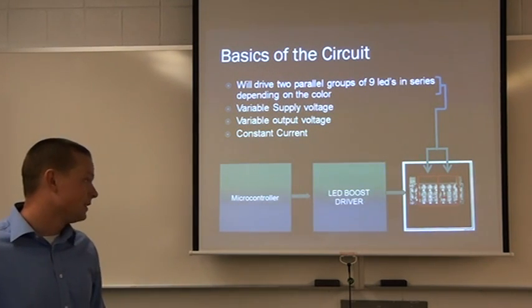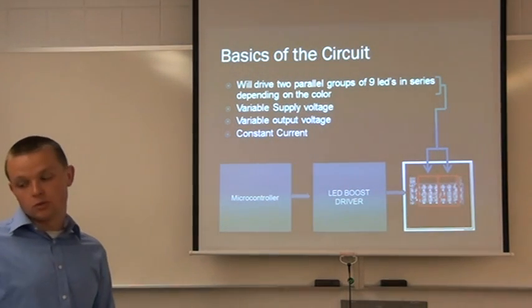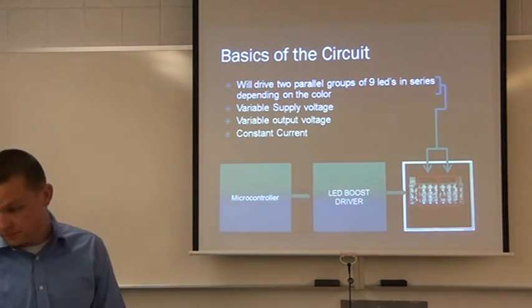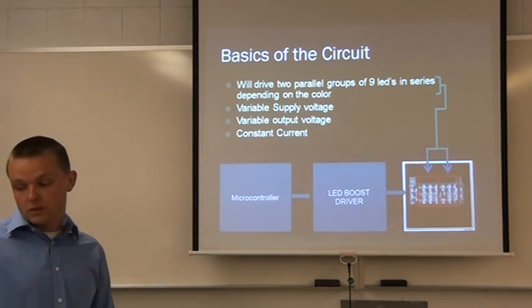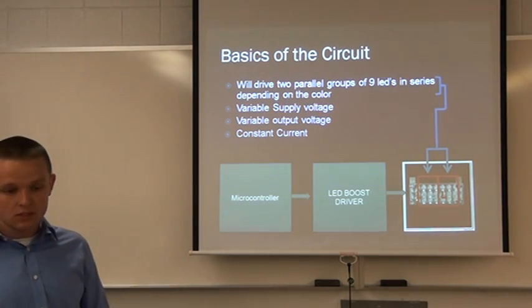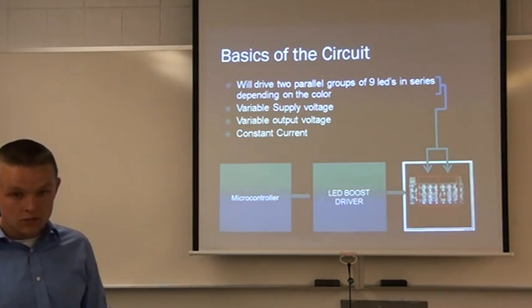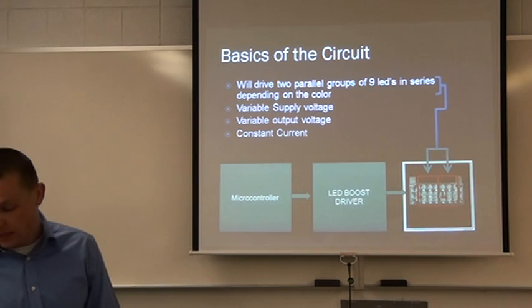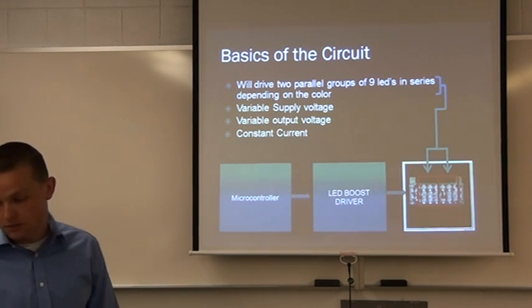Those are the 9 LEDs in series, but it's 2 parallel groups of the 9 LEDs in series. With this, the supply voltage has a wide range, and the output voltage has quite a wide range, to power these LEDs at different brightnesses.